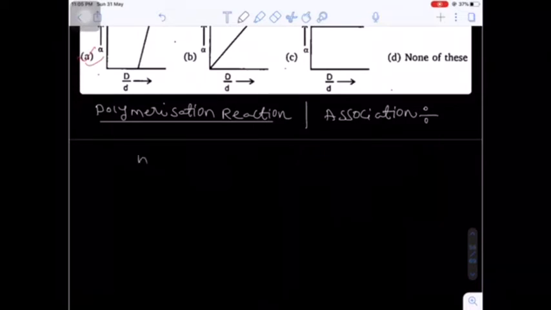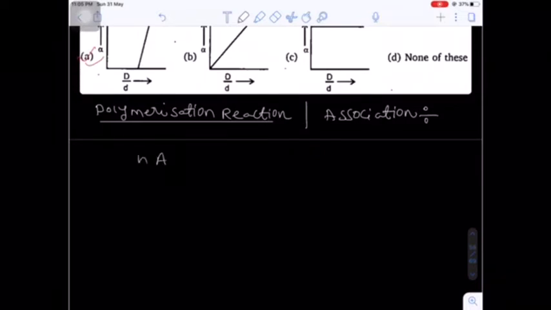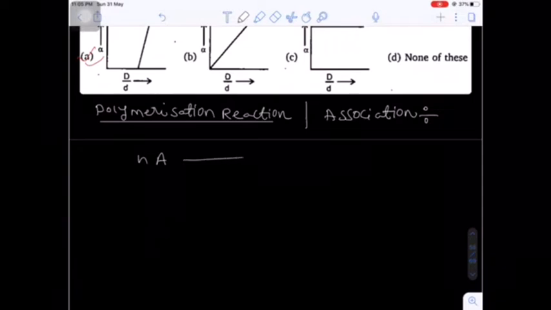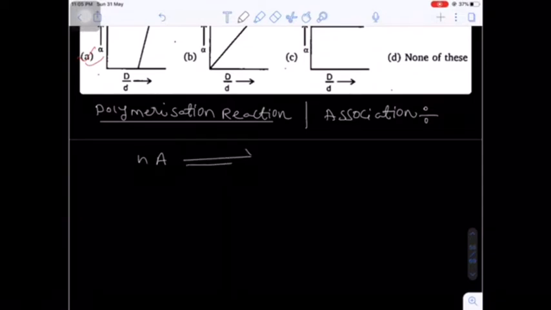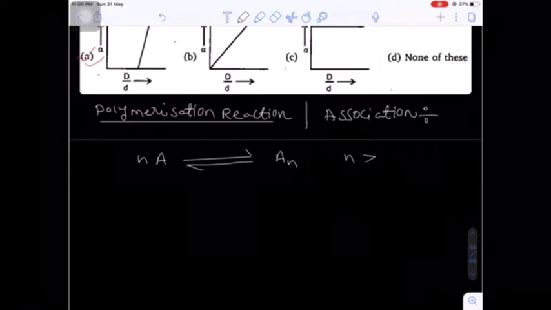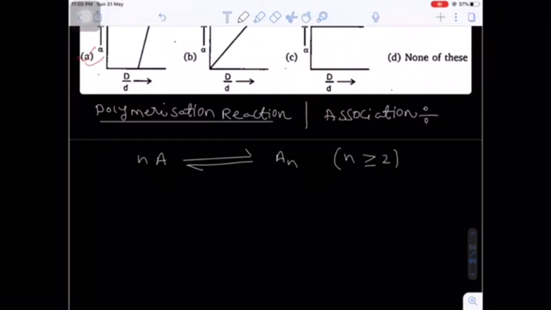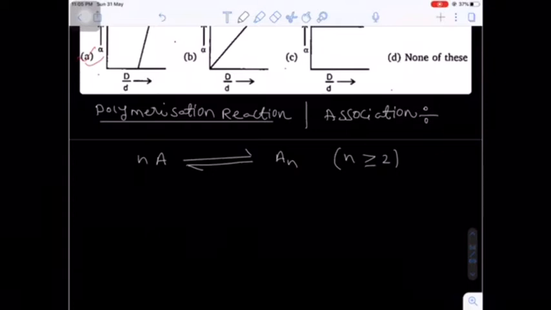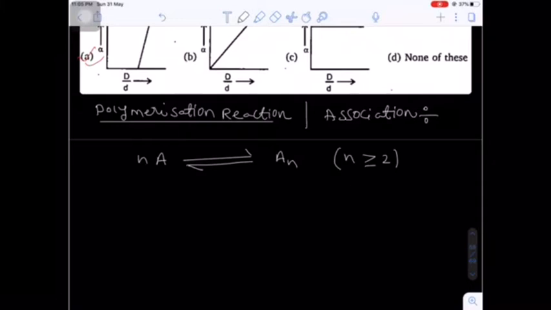Let's suppose small n moles of capital A undergo polymerization to give An. Here the condition is that the n value should be greater than or equal to 2. If n is 2, dimer; n is 3, trimer; n is 4, tetramer; if n is a very large value, polymer.